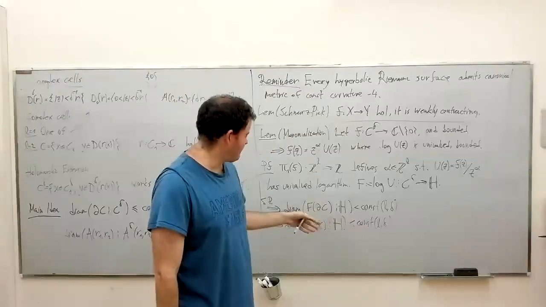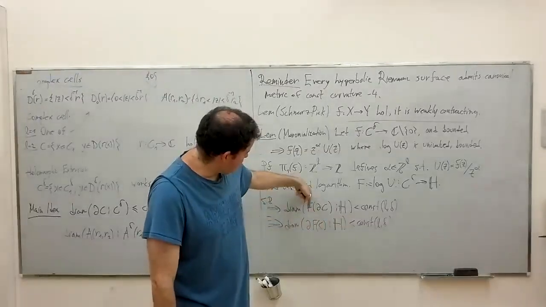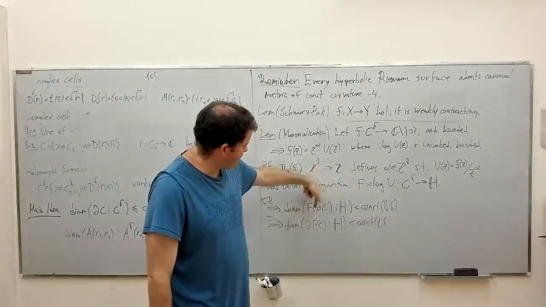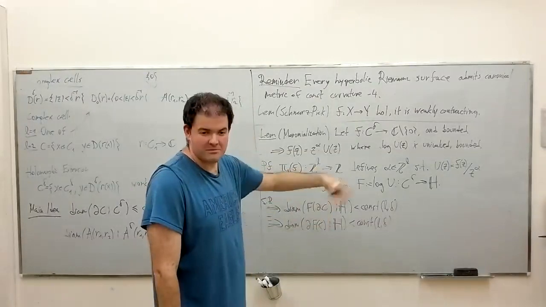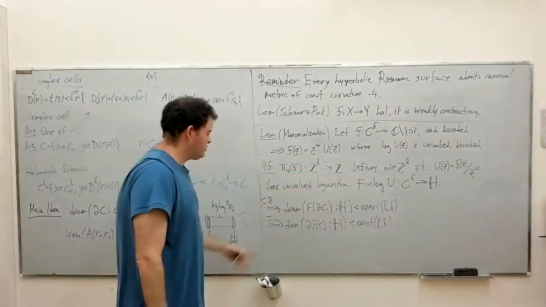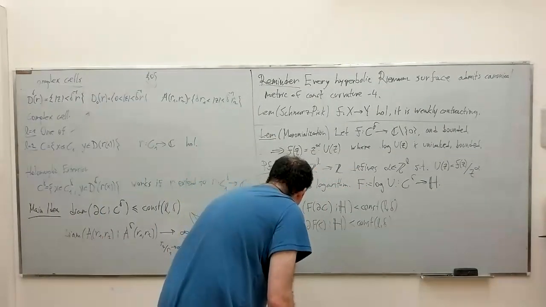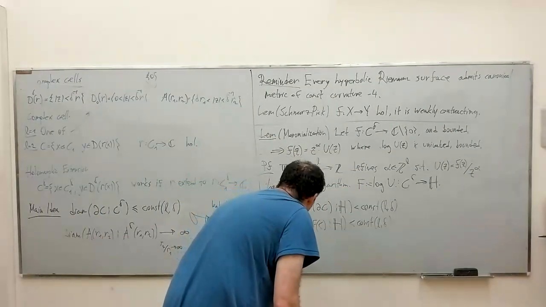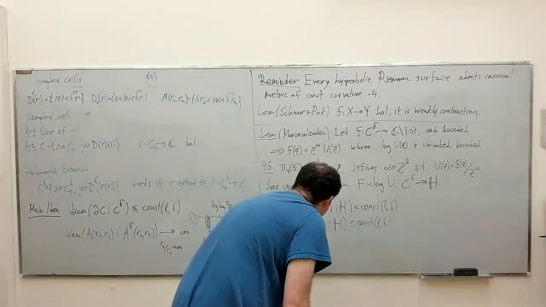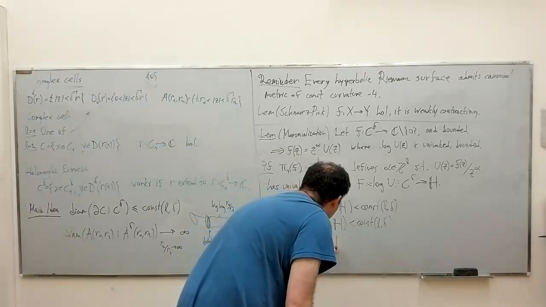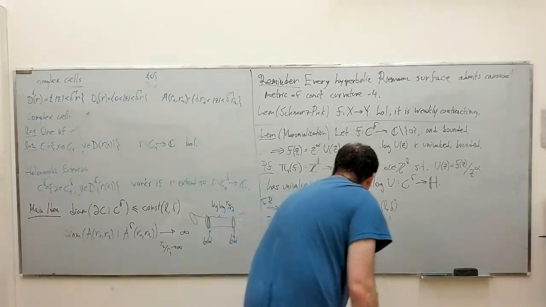If you take a point which is not on the boundary, it cannot be in the boundary of the image because the map is open. So we have this, and now this implies that the diameter of F of C in H is less than a constant.